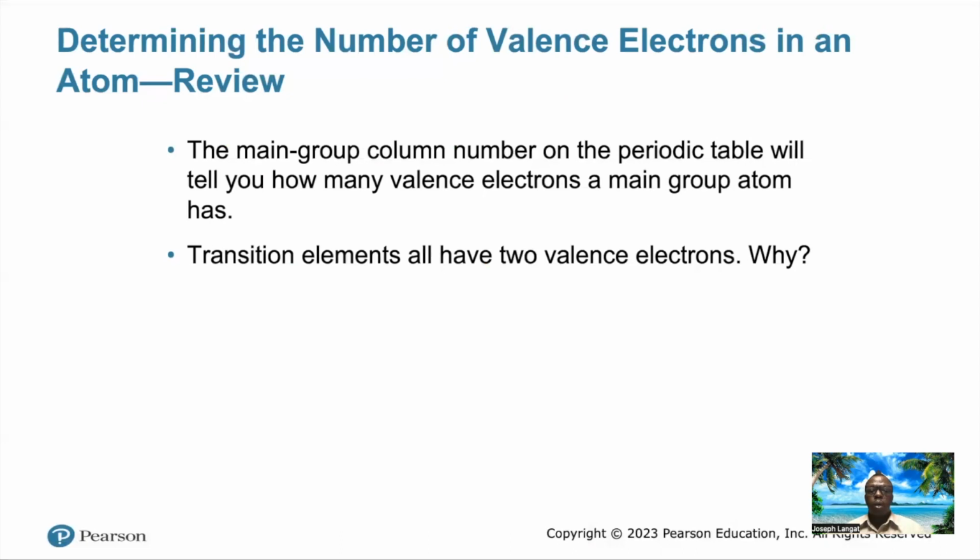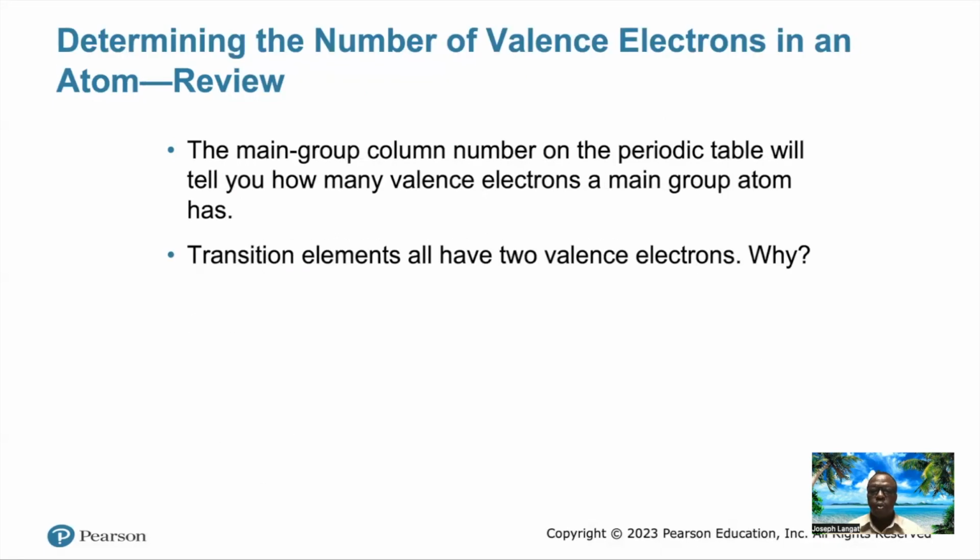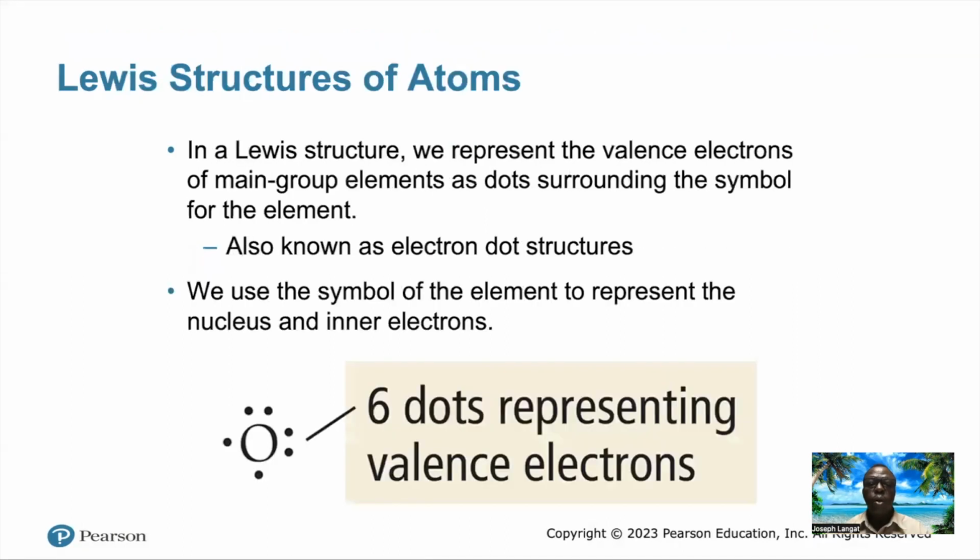For transition metals, all have 2 valence electrons. Why do they have 2 valence electrons? Because of the 4s and the 3d. The valence is 4s with the 2 electrons. You can check that for the transition metals.